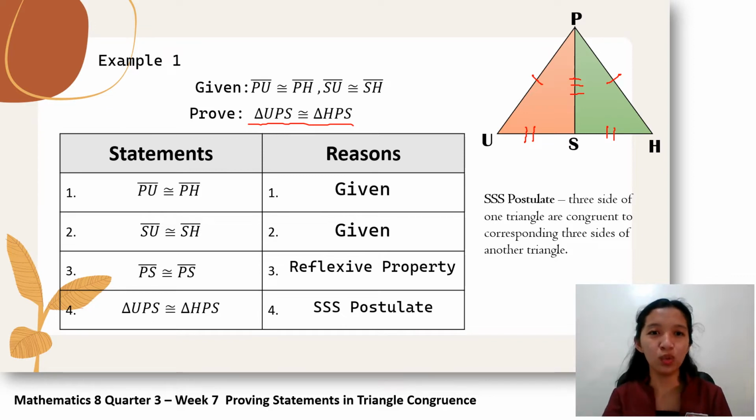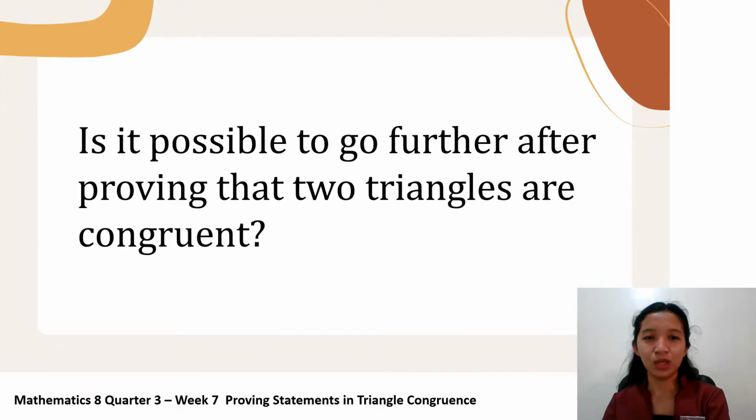Always remember, when we are proving two triangles congruent, we must first identify the three congruent parts of the triangles. So there must be a process on how we find the statements and identify the reasons. So now let's proceed to our next topic. We have here a question.